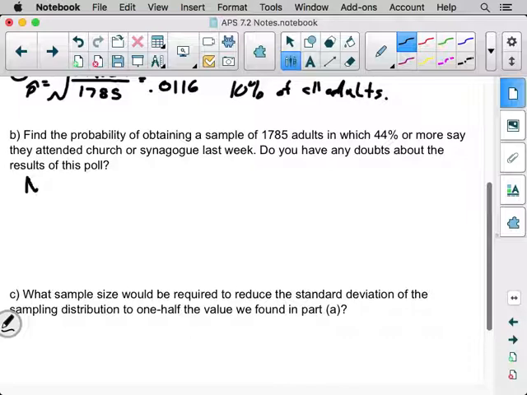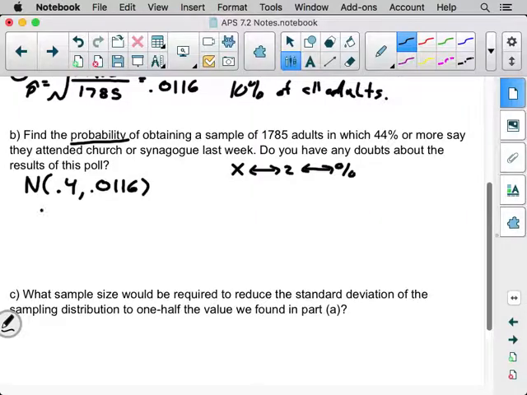So we know our distribution is normal, centered at 40, with this standard deviation. Now, because we're doing a normal probability, what process do we follow? Yeah, we follow this process. So step 1, let's find the z-score.